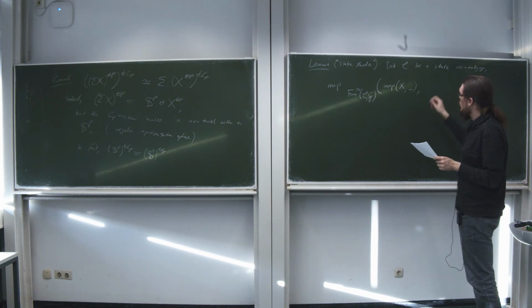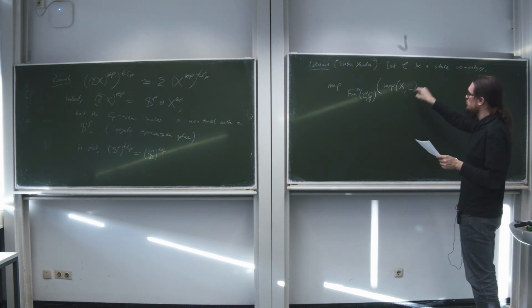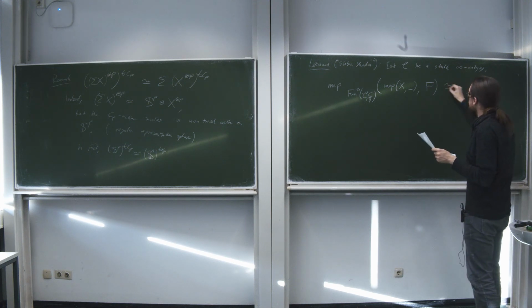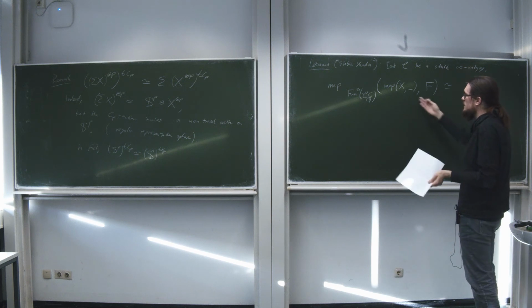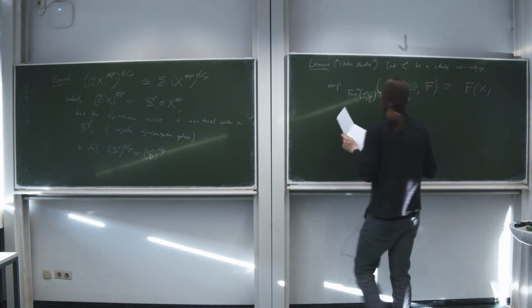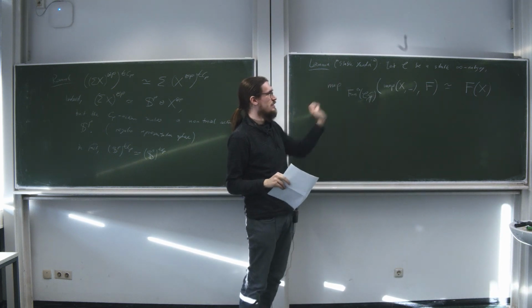Right, so we can map out of one of these co-representable functors to any functor F, but we can also apply F to X and get a spectrum, right? F is a functor from C to spectra. And the claim is that there's an equivalence like this.